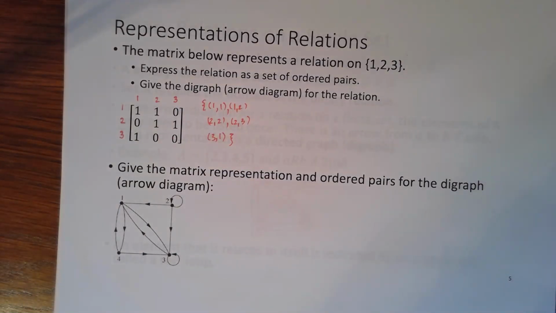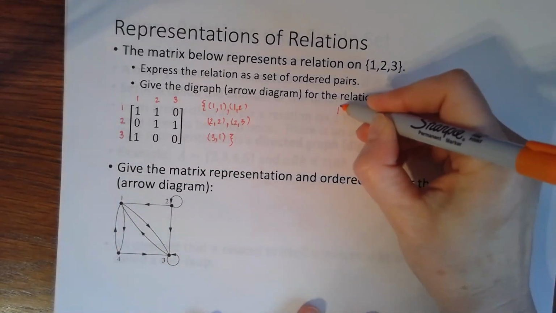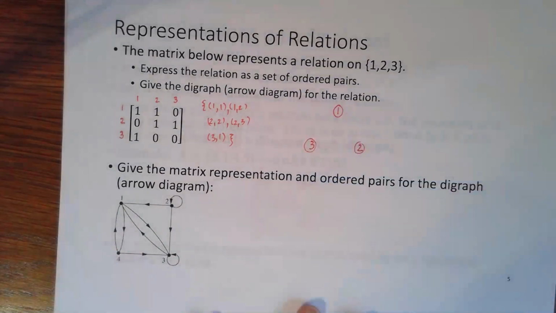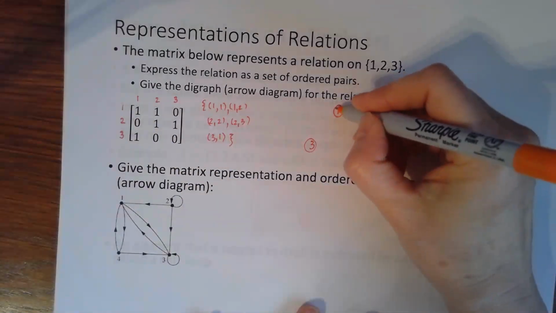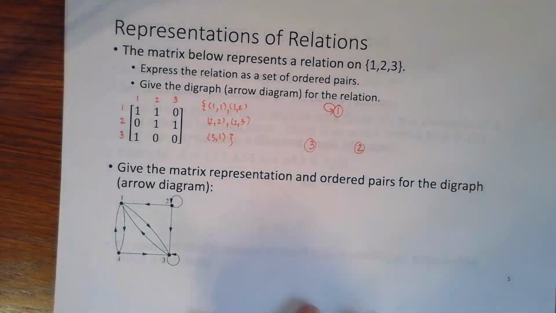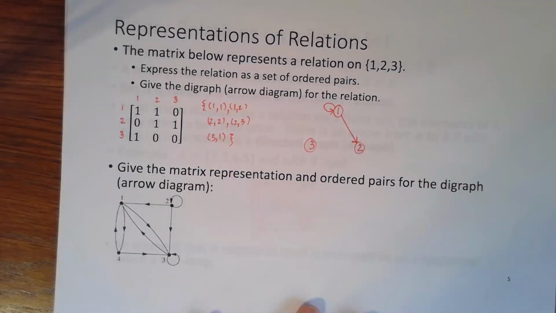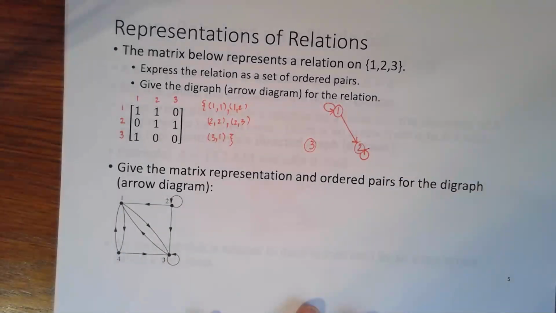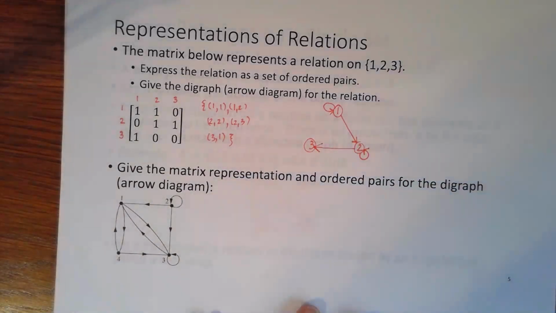Okay. If we were going to draw the arrow diagram, we're only going to list the elements in the domain once. So maybe I'll put 1 and 2 and 3. And then 1 is related to itself, so I'll see a self loop there. 1 is related to 2, so there'll be an arrow from 1 to 2. 2 is related to itself, so I'll see a self loop there. 2 is related to 3, so I'll see an arrow from 2 to 3.